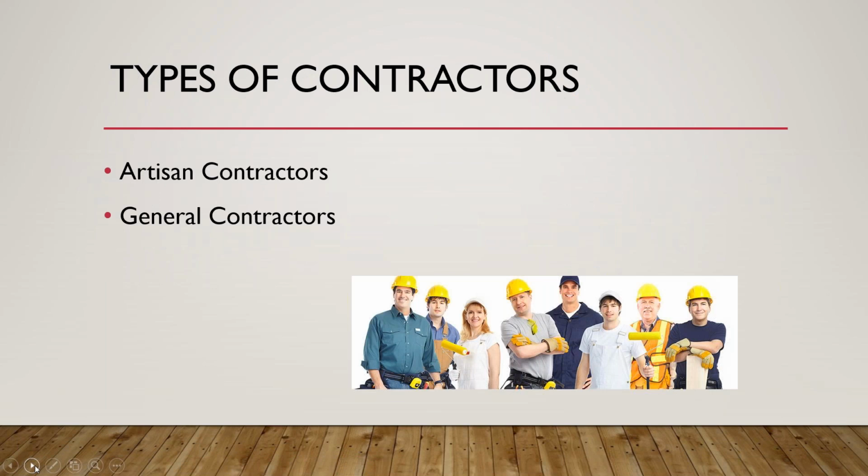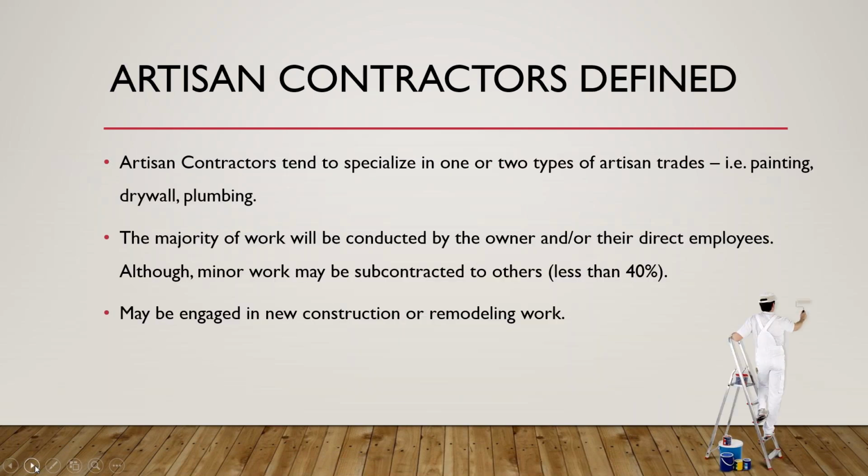Hi, everybody. The two types of contractors we are going to discuss today are the artisan contractors and general contractors. Next screen, please. Artisan contractors defined. Artisan contractors tend to specialize in one or two types of artisan trades: painting, drywall, plumbing, even carpentry.